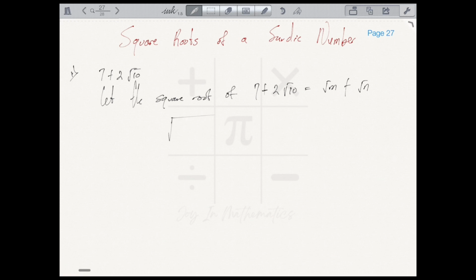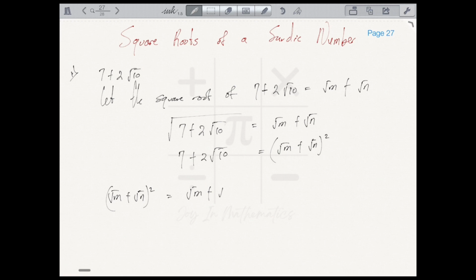Now we are saying that the square root of 7 plus 2 root 10 is equal to root m plus root n. Now to move further, if we square both sides, 7 plus 2 root 10 will be root m plus root n all squared. Now if you perform root m plus root n squared, this will give us root m plus root n multiplied by root m plus root n.